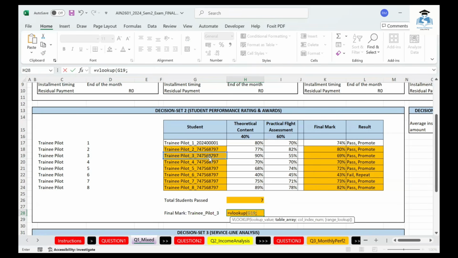Then the table array. It's G17 to L24, like this. Then the column index. It's 4: 1, 2, 3, 4.